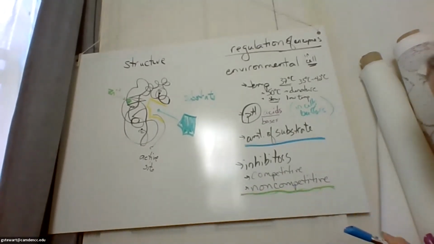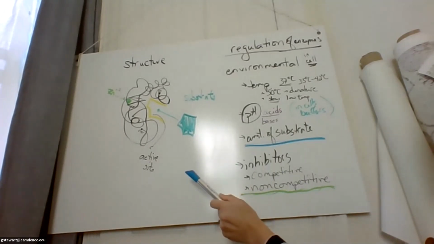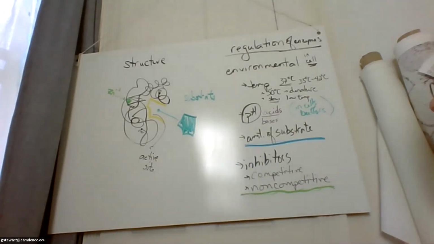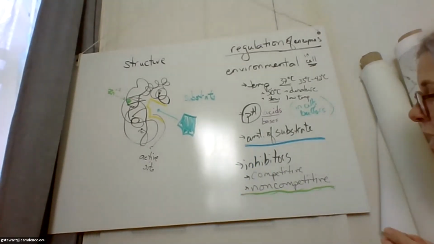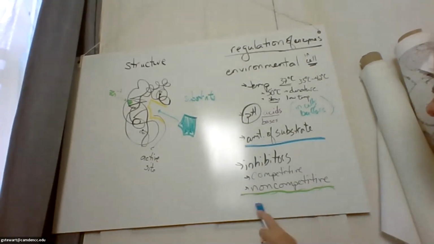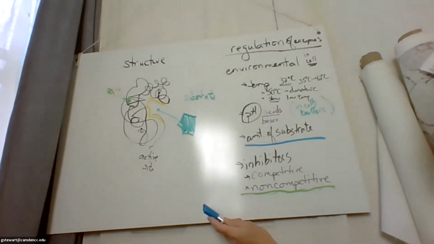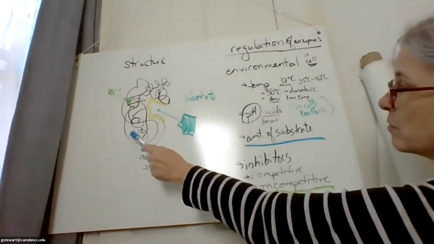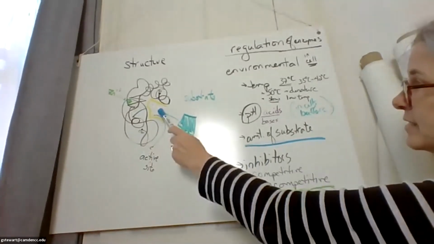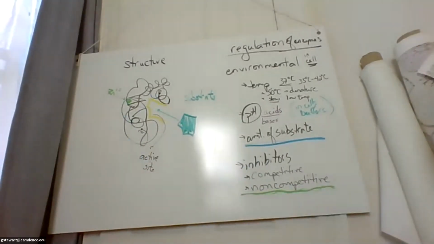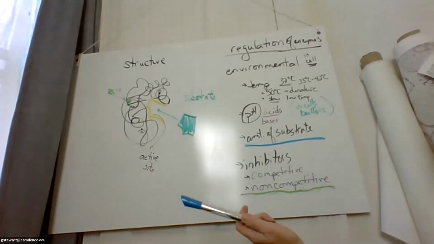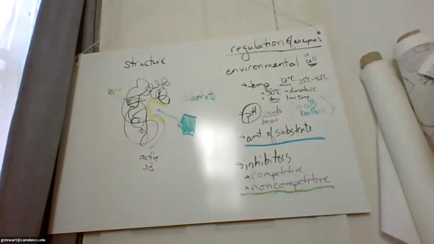So they bind to a particular enzyme that may only be in the bacteria and not in the host, aka you, and they inhibit that enzyme permanently. So they bind out here somewhere, and they change the shape of the active site, and it's a permanent binding so that that enzyme can never digest that substrate again, and will eventually kill the bacteria.